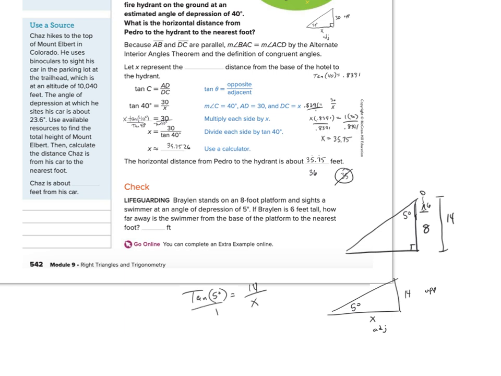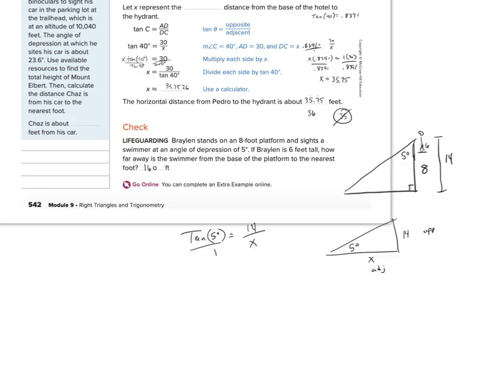And then solving that, you have the tangent of 5 degrees times x is equal to 14, dividing by the tangent of 5 degrees. And x is going to be approximately 160.